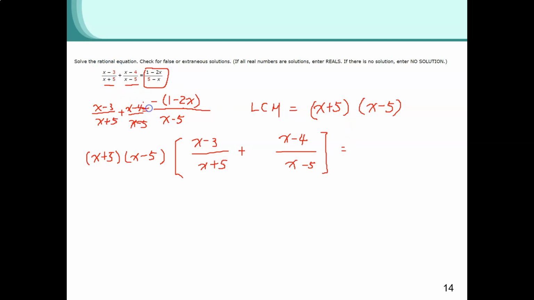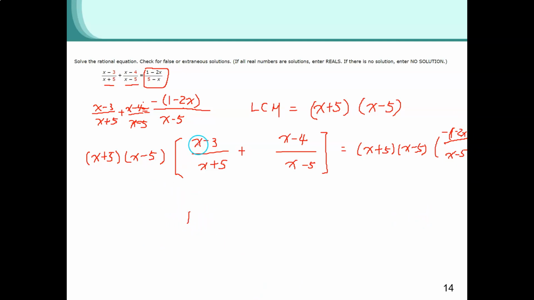There's an equal sign here. Alright, now it's equal x plus 5, x minus 5, multiply with negative 1 minus 2x, and over x minus 5. I will make it clear on the next step.